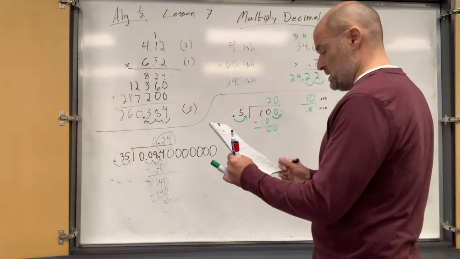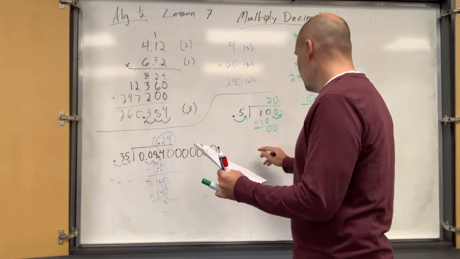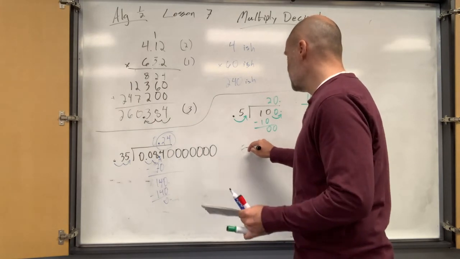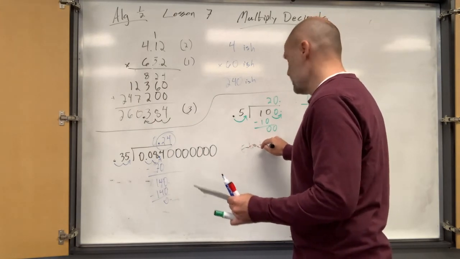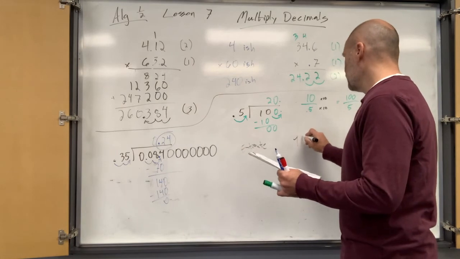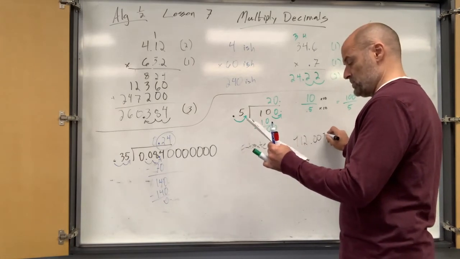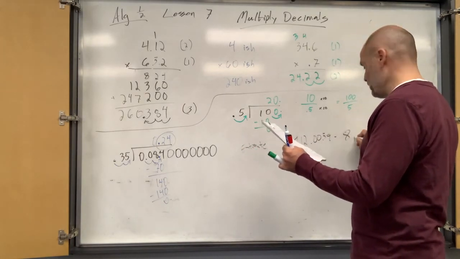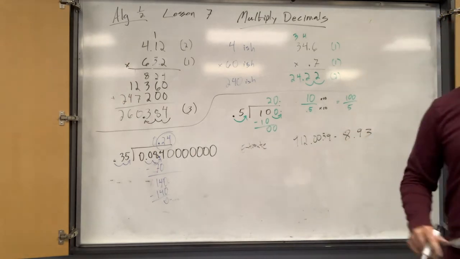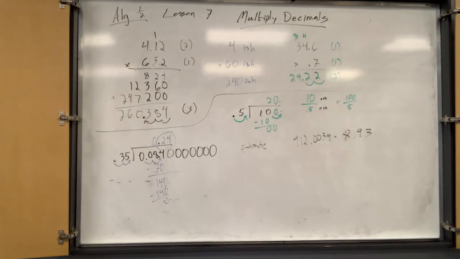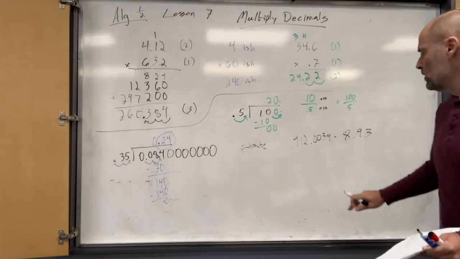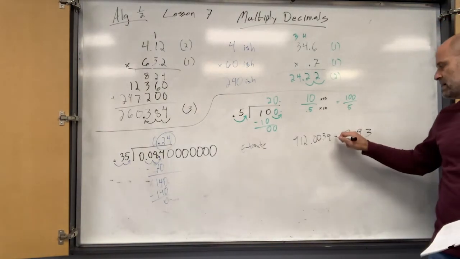Let's estimate this problem: 912.0039 minus 8.93. So let's estimate these two numbers and then do that easy subtraction problem. How do you estimate this first number?